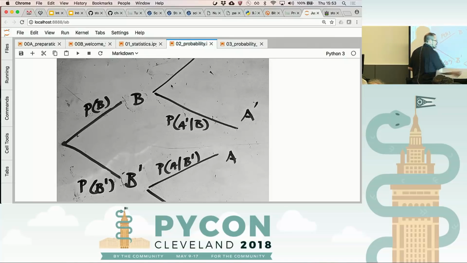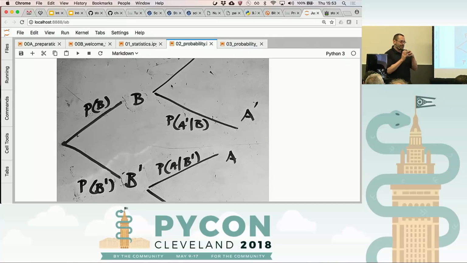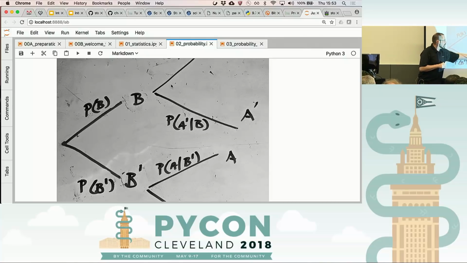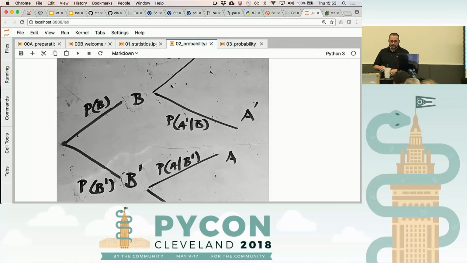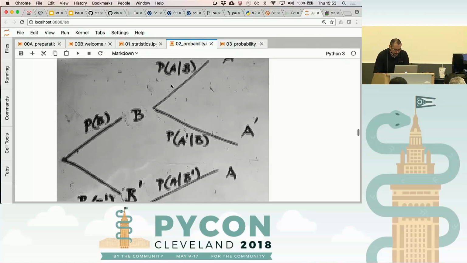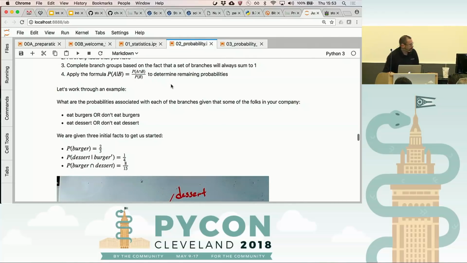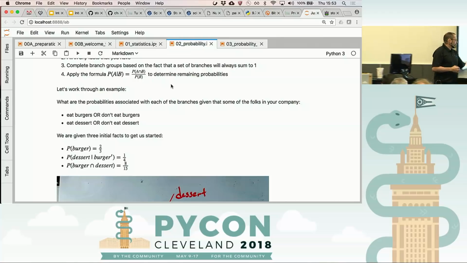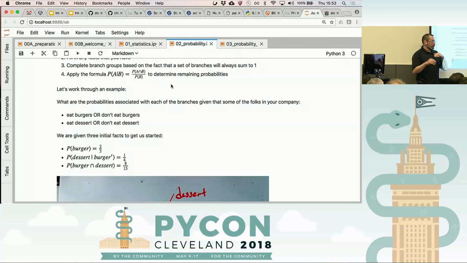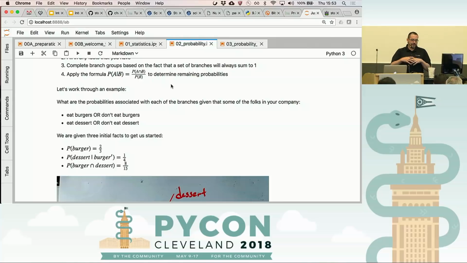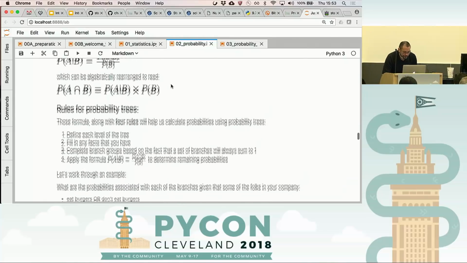So this given statement helps you figure out where that particular value fits in any one of these four things. And then the intersection of, hey, my friend ate a burger and also ate a dessert, that intersection is at the end of our chain.